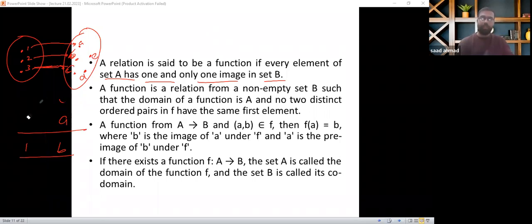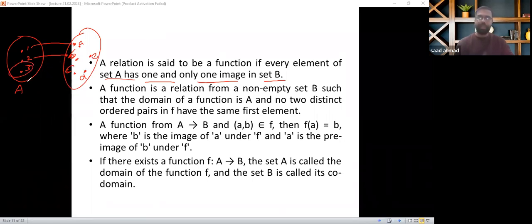And another thing for the domain of a function: all the elements that are members of that set A, if we input them, we should get some output for each. It's not like we leave the 3 here in this set and it's not mapped onto any output.